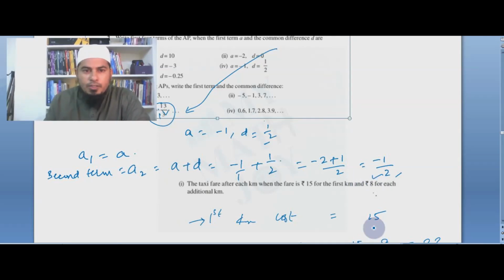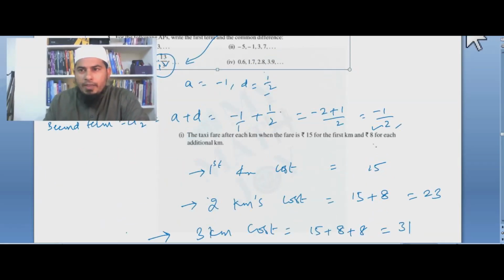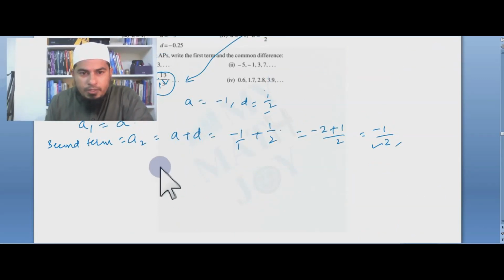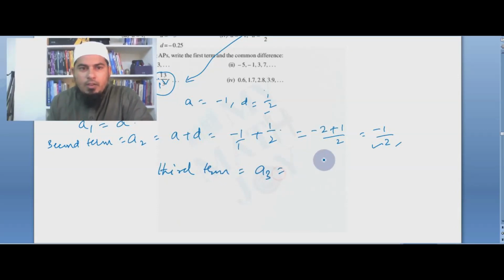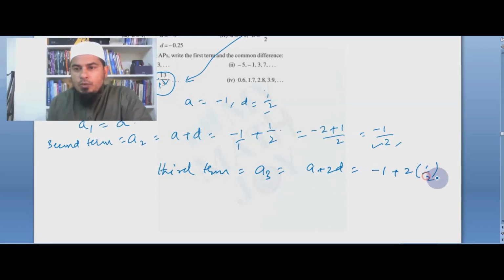Similarly, if you want the third term, the third term A3 will be A plus 2D. A is -1, 2 times D is 1. If you cancel this, you'll get -1 plus 1, exactly 0.